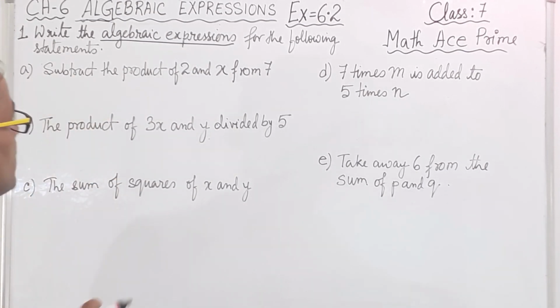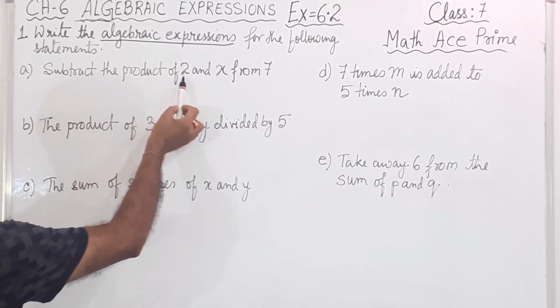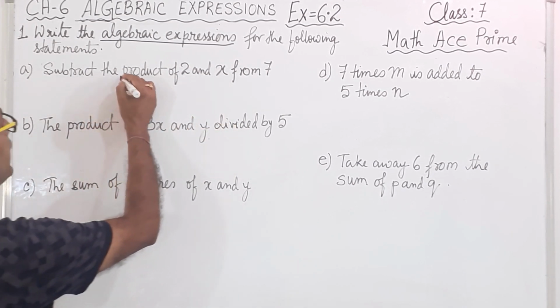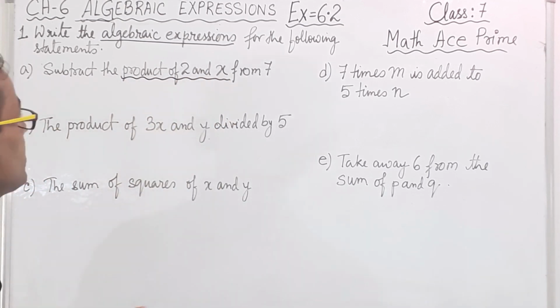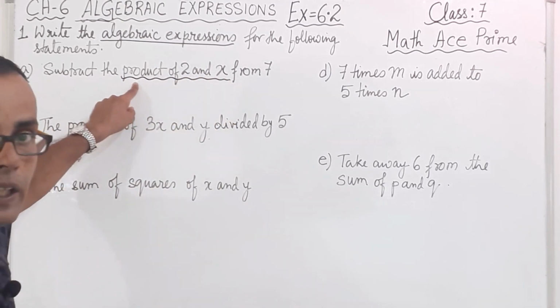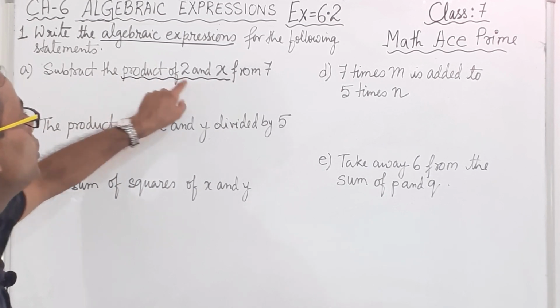Now the first question: subtract the product of 2 and x from 7. Subtract means minus. Product means multiplication, so multiply 2 and x.